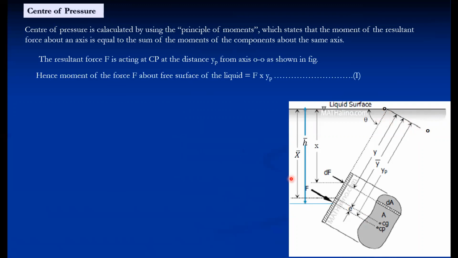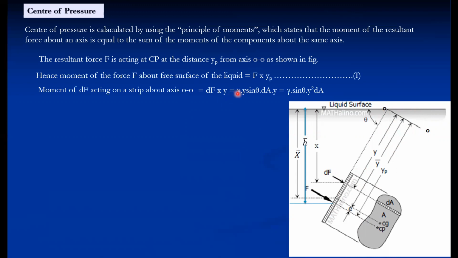Hence the moment of force F about the free liquid surface is F into Yp. So F into Yp is the moment of the resultant force about axis OO. Then the moment of dF about the axis OO is estimated, that is dF into Y.